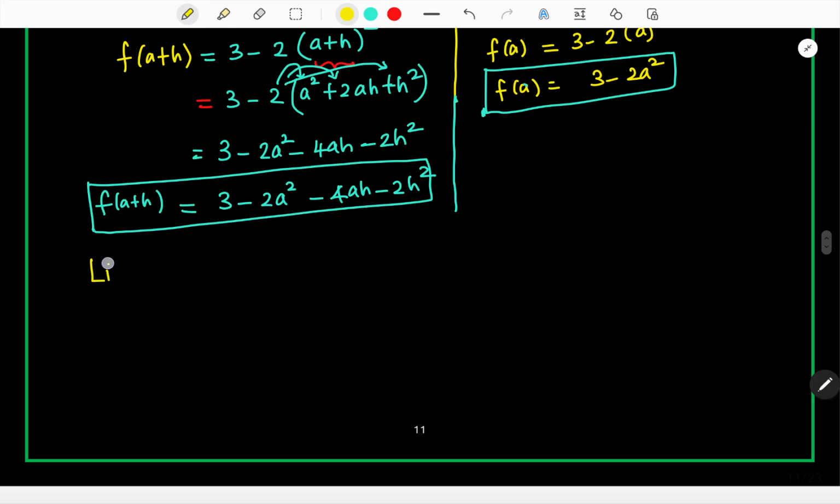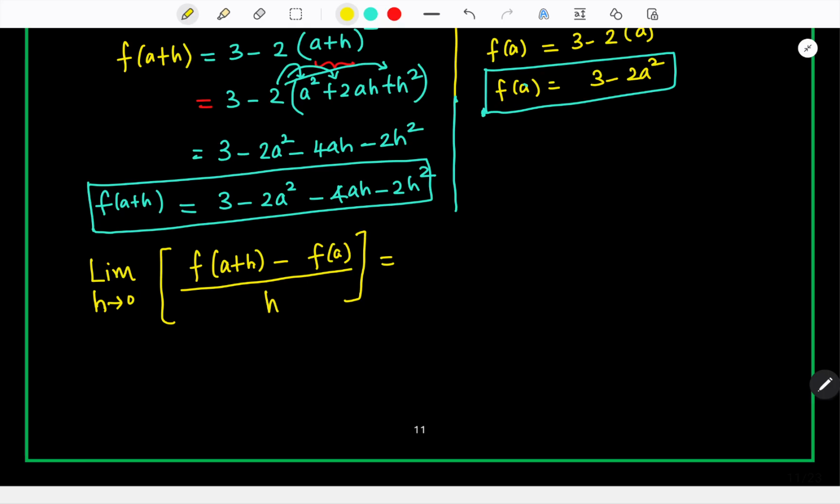So limit h tends to 0 of, let me open the bracket, f of a plus h minus f of a divided by h. So this equals limit h tends to 0, bracket open. F of a plus h is here, f of a is here.